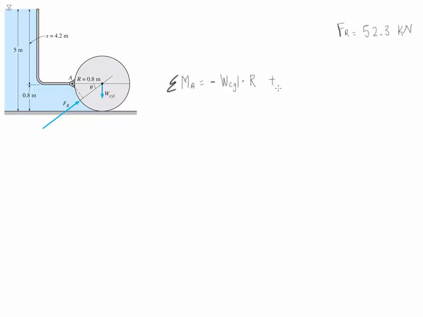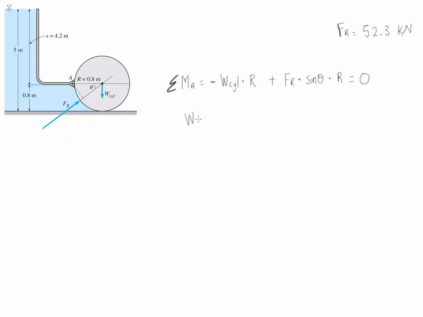Then the vertical component of FR is going to be FR times sine of the angle, and has a moment arm of R. And this summation of moments has to be equal to 0.